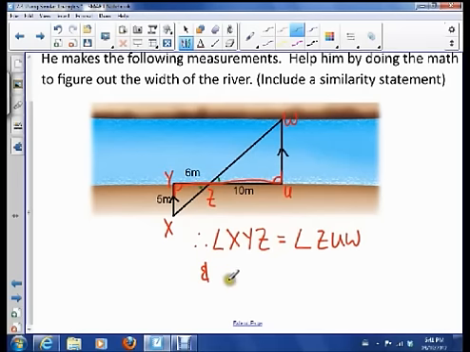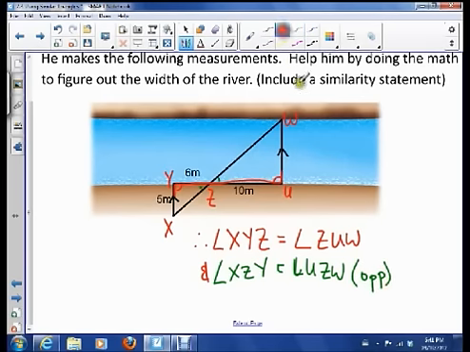So when angles are opposite, we can say that they're the same. So XZY is equal to UZW. So angle UZW. Okay, now the reason here is because they're opposite. Okay, and the reason here is because it's a Z pattern. Remember, Z pattern means that the angles are called alternating.